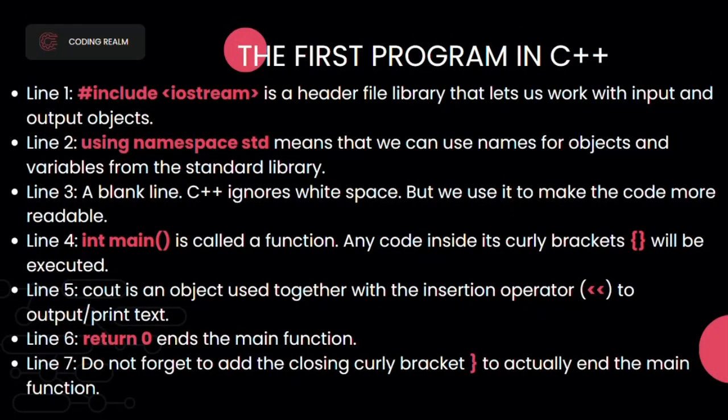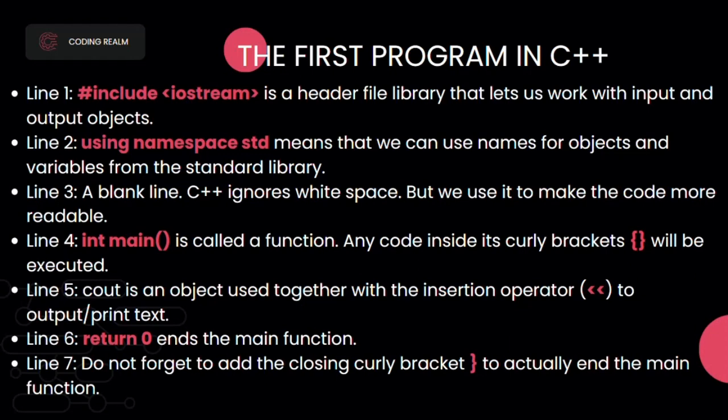The first line in the first program in C++, include iostream, is a header file library that lets us work with input and output objects, like in the example where cout, the output stream, is used. In line 2, using namespace std means that we can use names for objects and variables from the standard library. Line 3 is a blank line, which C++ ignores as white space, but we use it to make the code more readable.